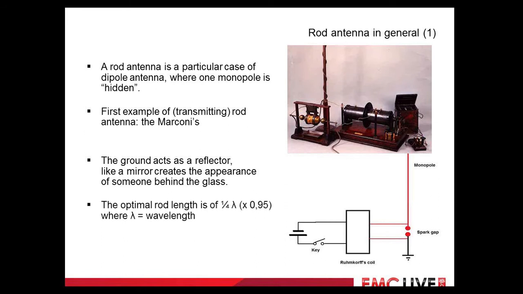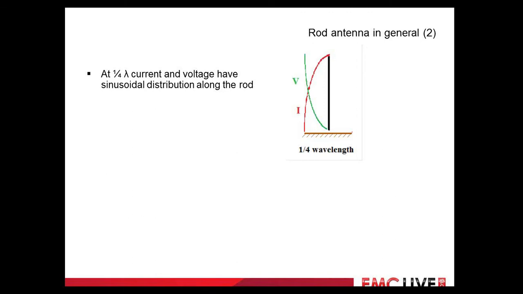The rod antenna length, by definition, is optimal at 1/4 of the wavelength we intend to use it, less something because of the propagation velocity in the wire. In this condition, the current and voltage flowing through the monopole have a sinusoidal distribution along the rod.